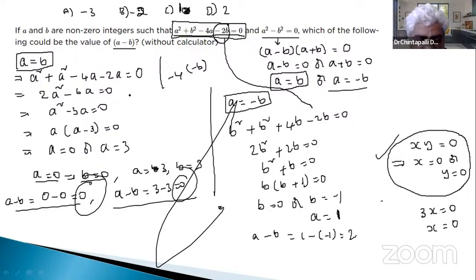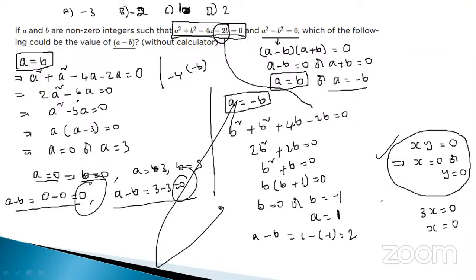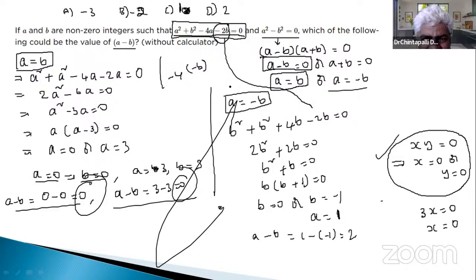And you know one thing, if 0 is there in the options, we need not do any calculations. Simplifying A square minus B square equal to 0, one result is A minus B equal to 0, another result is A plus B equal to 0.